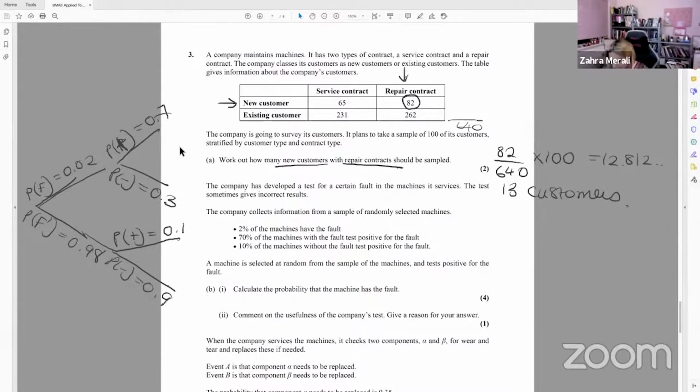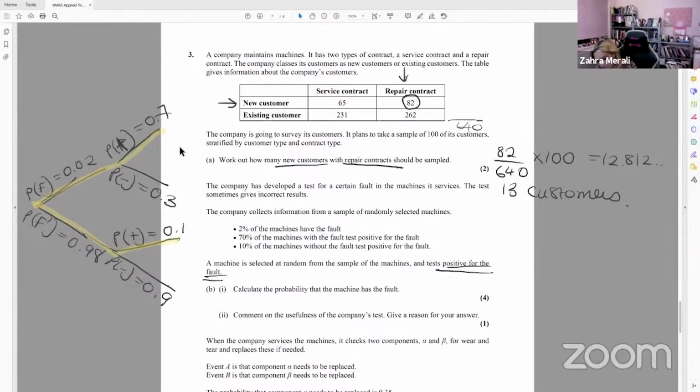A machine is selected at random and tests positive for the fault. So first we've got to find which machines are testing positive. The machines that are testing positive are fault and positive, or no fault and positive. So those are my possible branches.